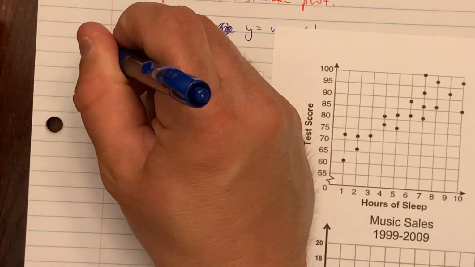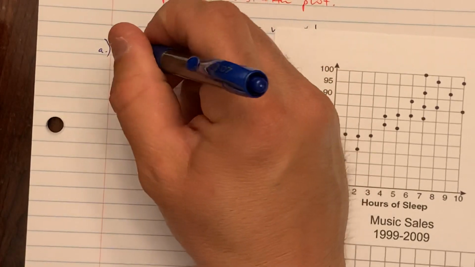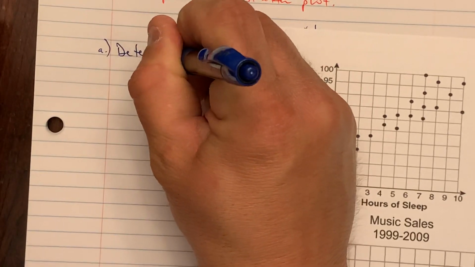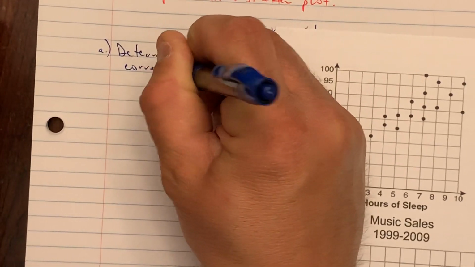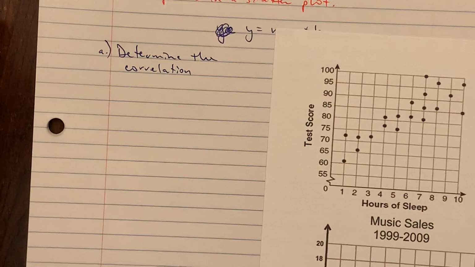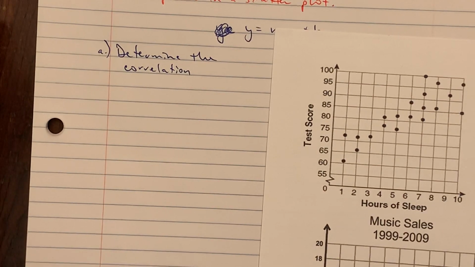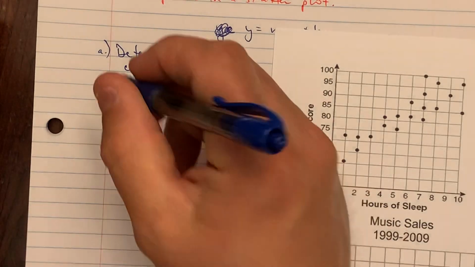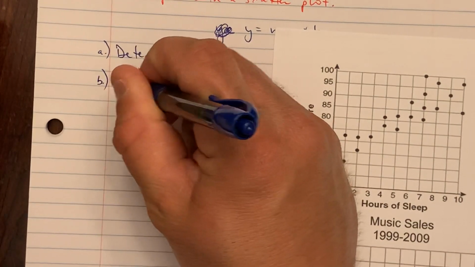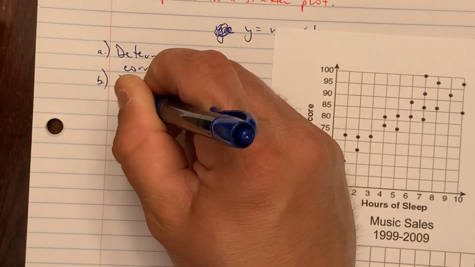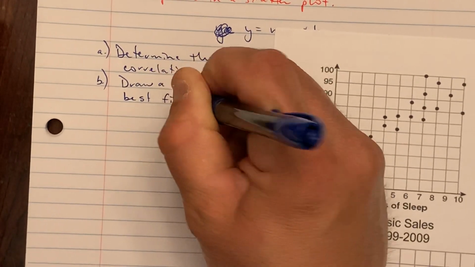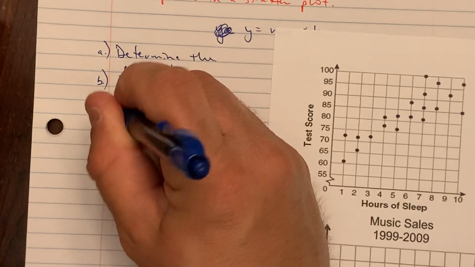The very first thing that we're going to need to do is we need to determine the correlation. So this is using what we did yesterday. Are we looking at positive? Are we looking at negative? What's going on? We're going to draw a line of best fit. I'll show you what that looks like here in the moment.